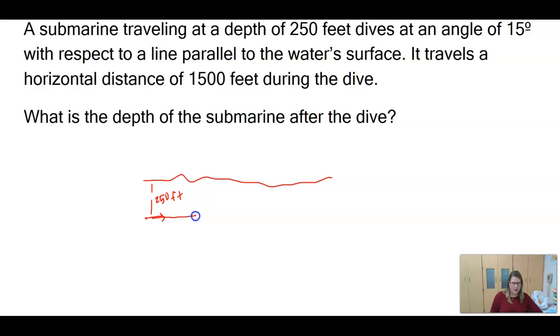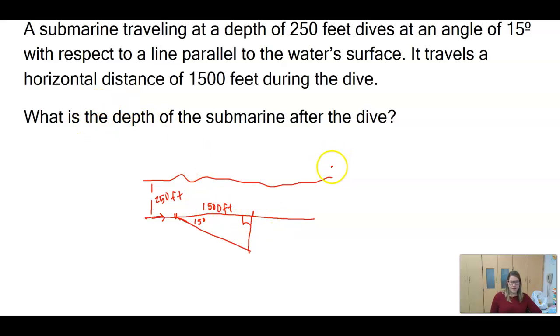So this line right here where it was traveling 250 feet down, it now is going to dive down from that line parallel to the surface of the water 15 degrees. And it travels a horizontal distance of 1,500 feet. So this distance from here, where it started to dive, to here is 1,500 feet.